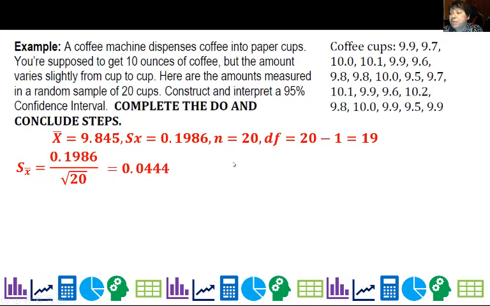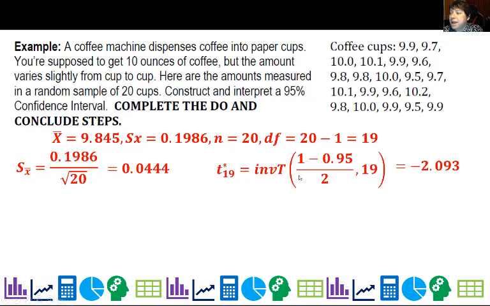I also need a critical value. And I'm going to do inverse t. I want a 95% confidence interval. So that's going to end up being 0.05 up here, 0.025 with 19. And if I do inverse t on my calculator, that's the number I get. So my confidence interval is my point estimate plus or minus my critical value times my standard error for the mean, all right?